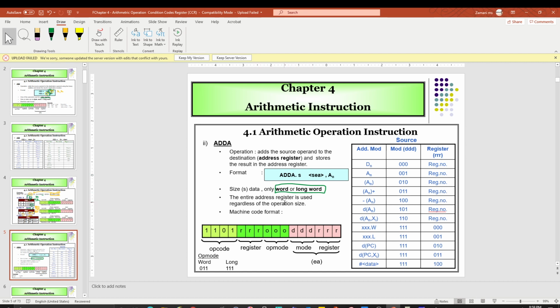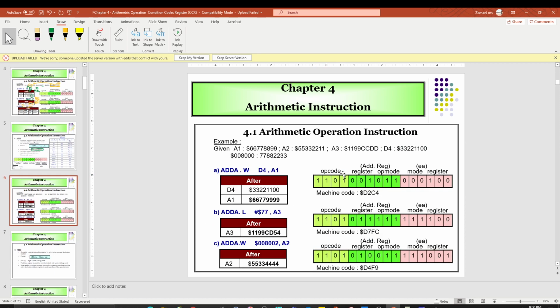And then the next rule is the entire address register, this guy, must be used regardless of the operation size, which means that whatever contents inside AN must be added and be saved back to AN. So let's look at the example here.